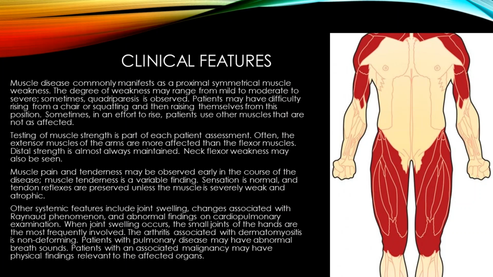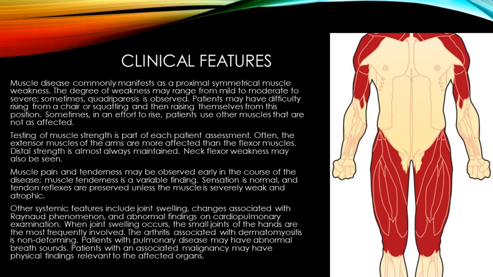Muscle disease commonly manifests as a proximal symmetrical muscle weakness in dermatomyositis or polymyositis. In inclusion body myositis, both proximal and distal muscles are involved. The degree of weakness may range from mild to moderate to severe.